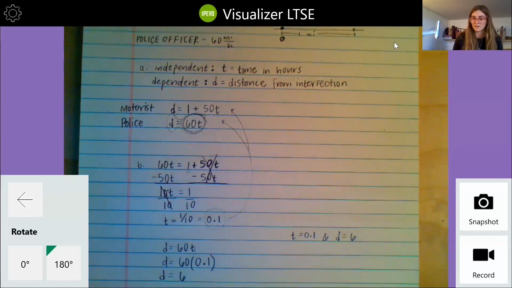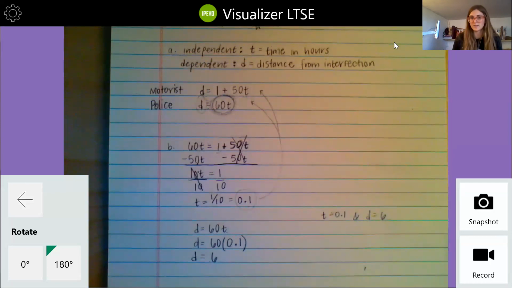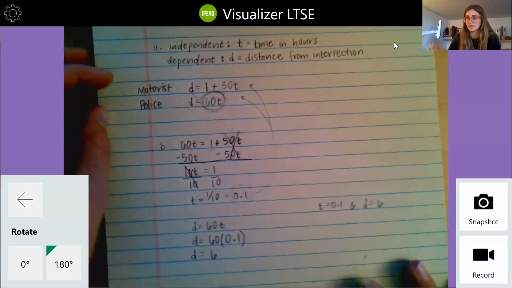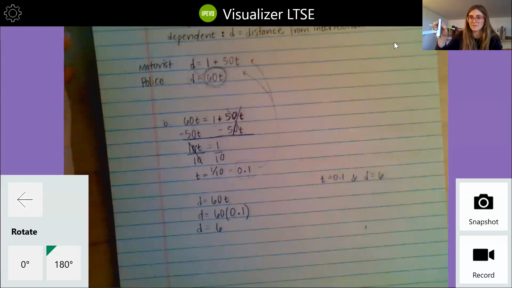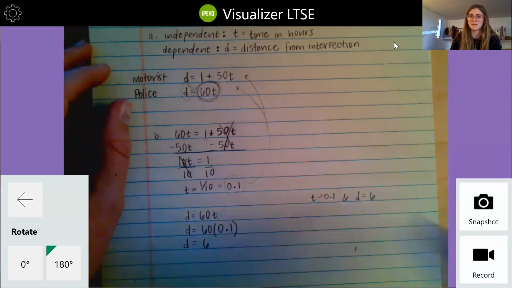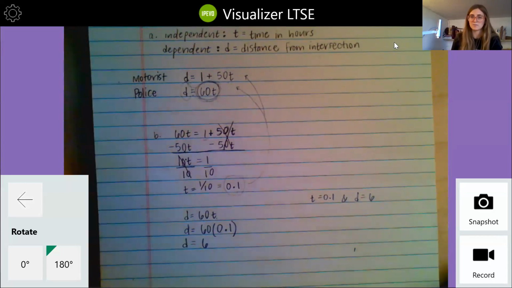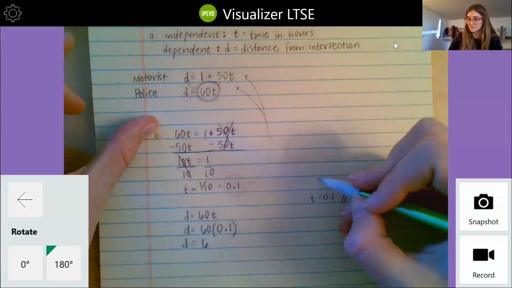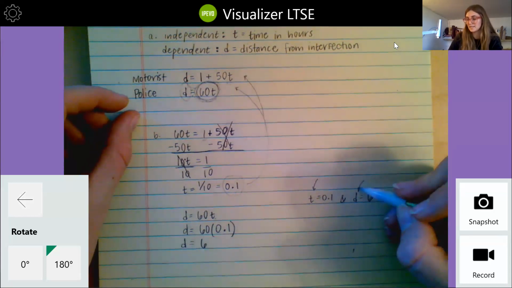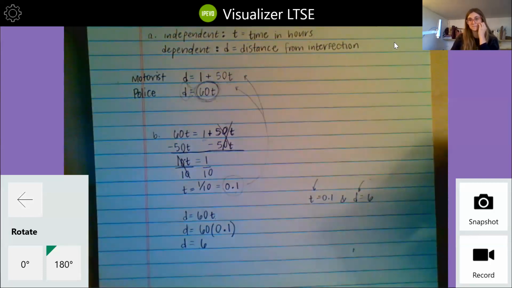Now the last piece is putting this back into the context of the situation we were dealing with. We were looking at these two drivers and where they were going to meet. T was equal to the amount of time they were driving, and D was equal to their distance.